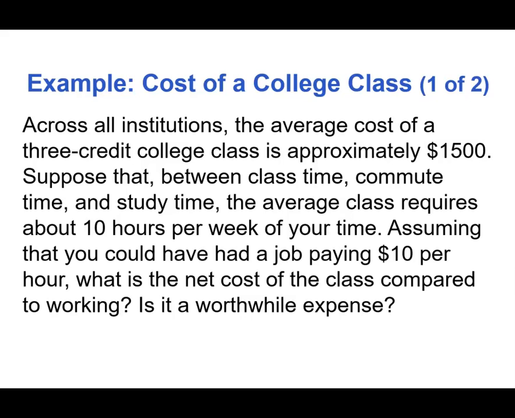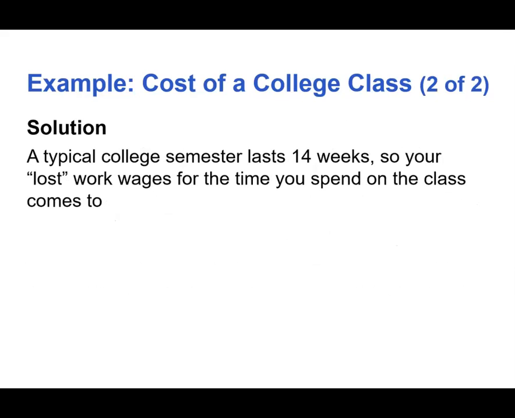Across all institutions, the average cost of a 3-credit college class is approximately $1,500. Suppose that between class time, your commute time, and study time, the average class requires about 10 hours per week of your time. Assuming that you could have had a job paying $10 per hour, what is the net cost of the class compared to working? Is it a worthwhile expense?